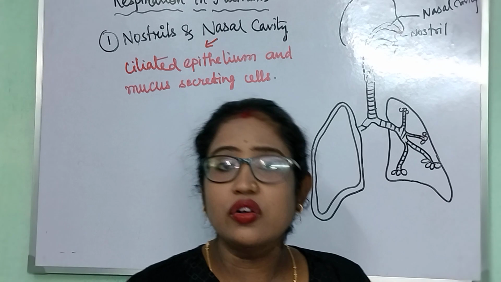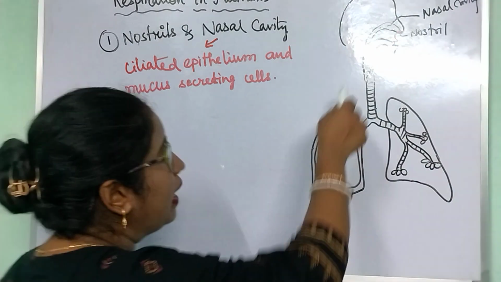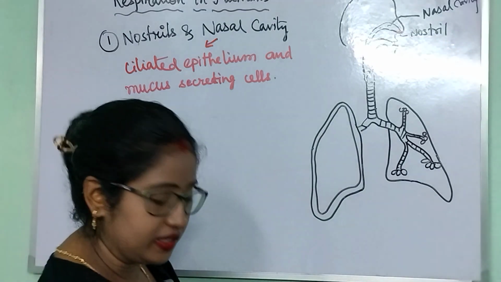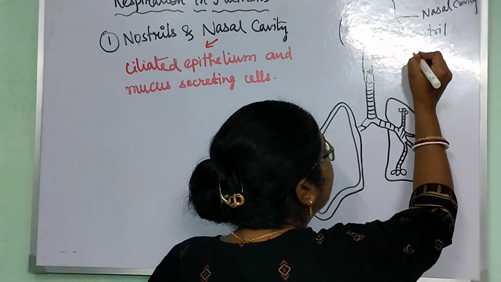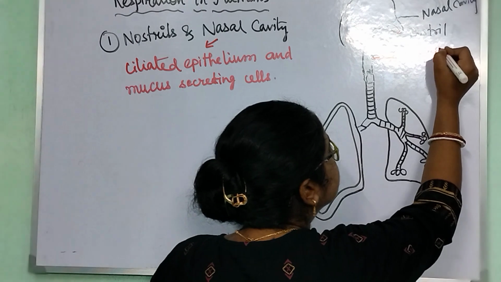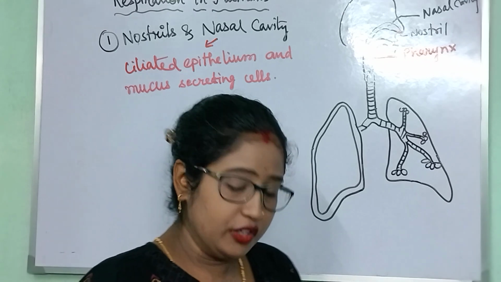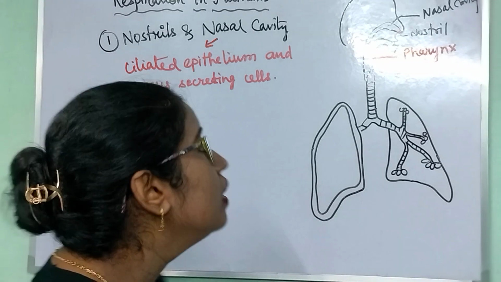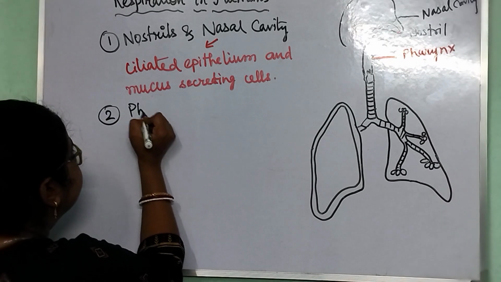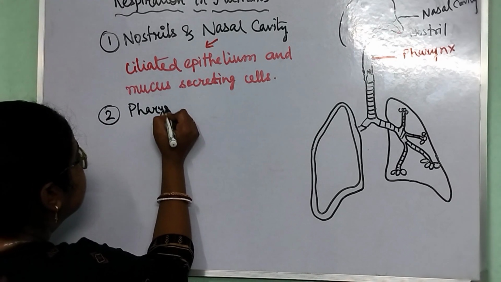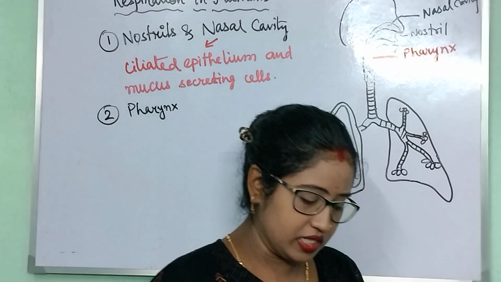After the nostril and the nasal cavity, the next pipe is known as the pharynx. This is a common pipe, the pharynx. We learned about the pharynx in human digestion also. So the second part is the pharynx. It is a small pipe-like structure.